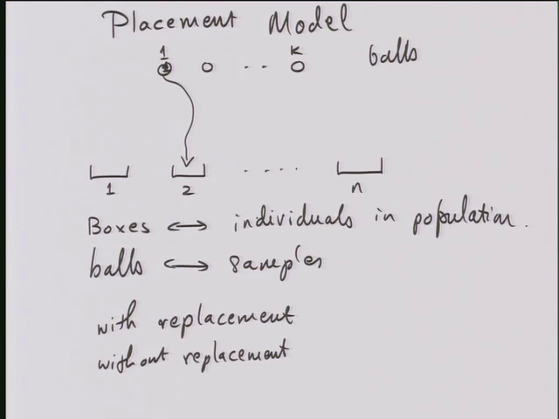If you can place more than one ball in the same box, that means you're sampling with replacement. If you're allowed to put only one ball per box, then it's without replacement. So without replacement corresponds to either 0 or 1 ball per box, so at most 1 ball per box.